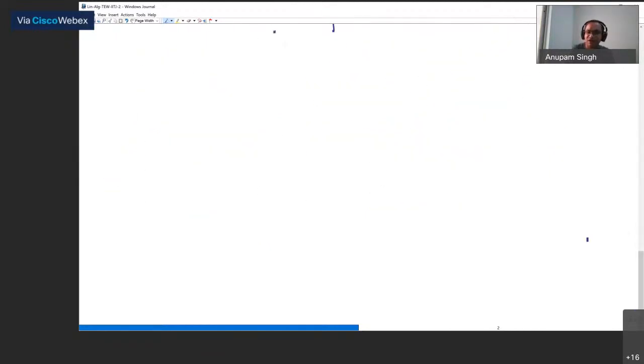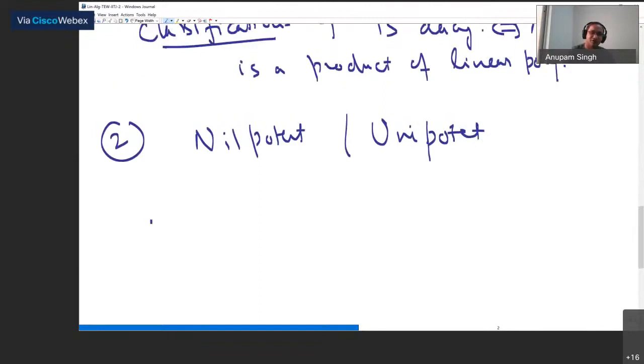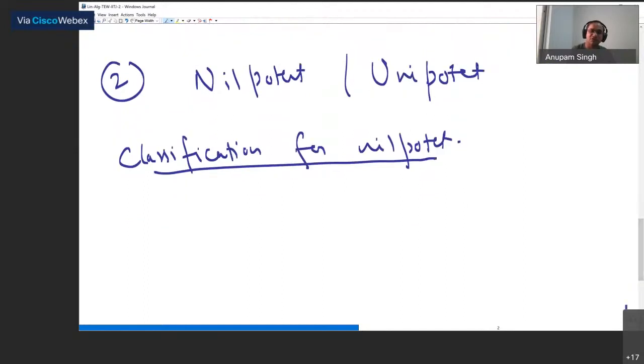And we also have characterization for such things. So the characterization for nilpotent and unipotent are very similar. So I will write down classification for nilpotent. This would be, so it's very nice.